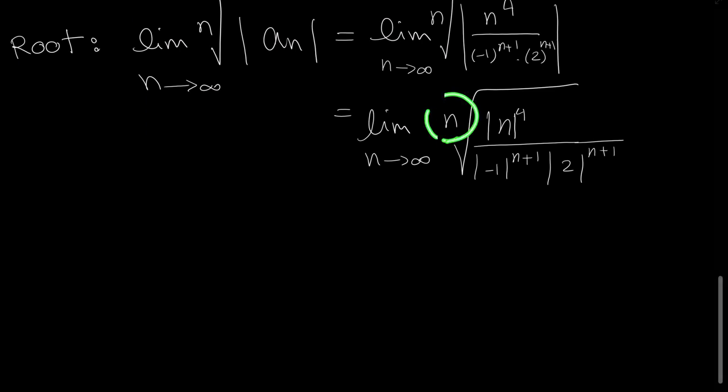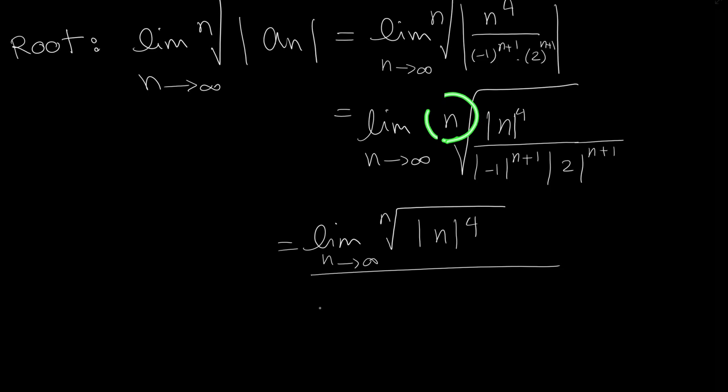Again, you may want to separate them and write it as the limit of numerator when n approaches infinity and limit of denominator, root n of -1 to power n plus 1 and 2 to power n plus 1, when n approaches infinity.